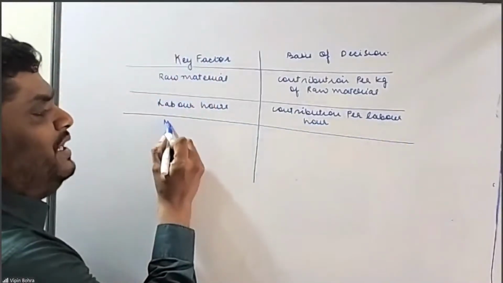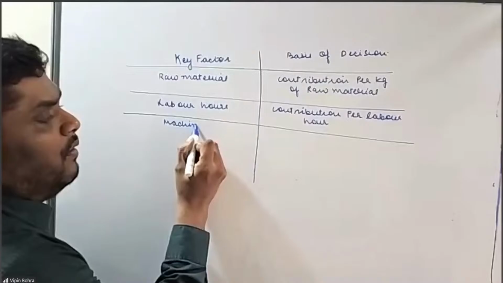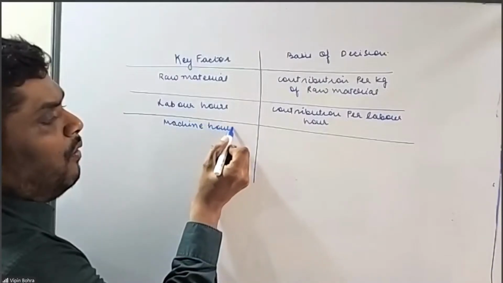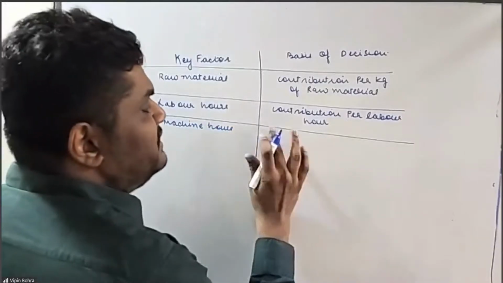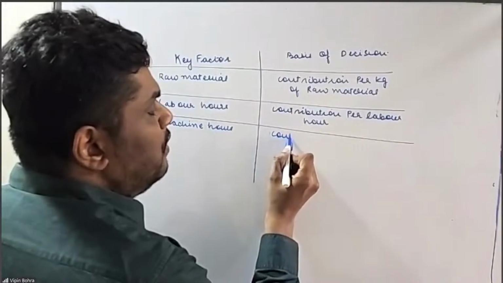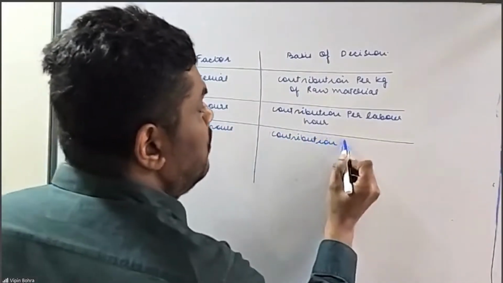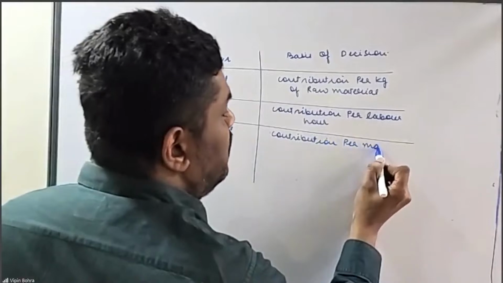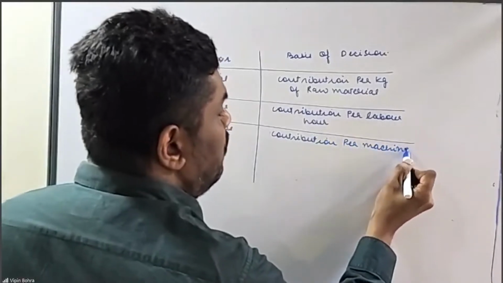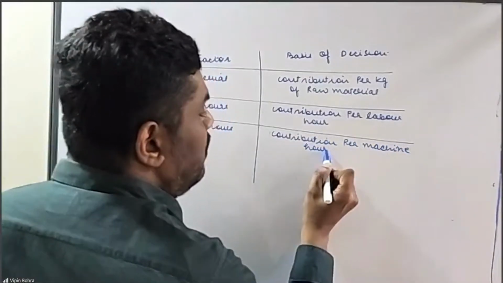Let's say my machine hours are limited. So my decision will be based on contribution per machine hour.